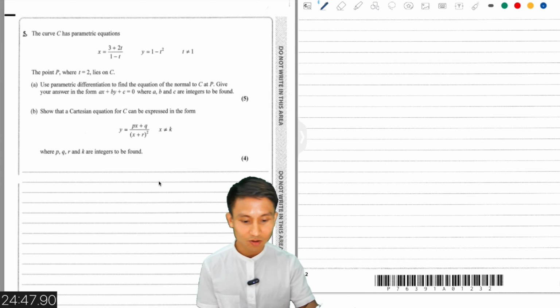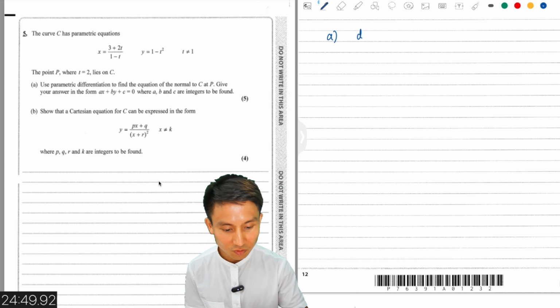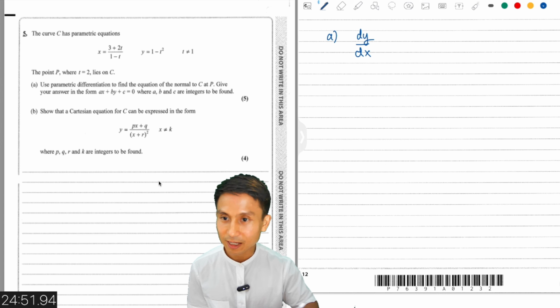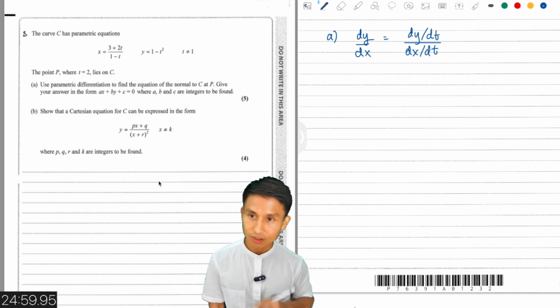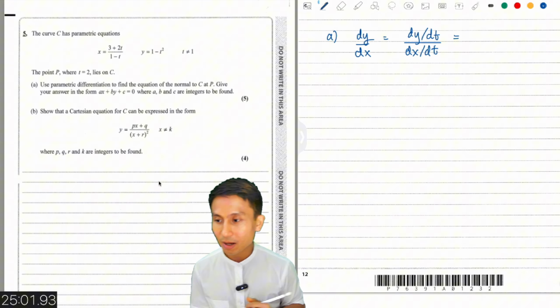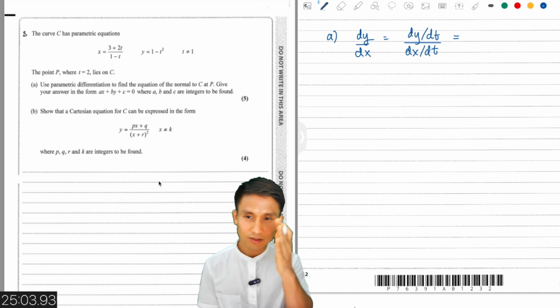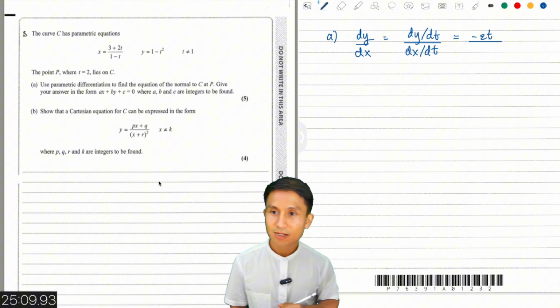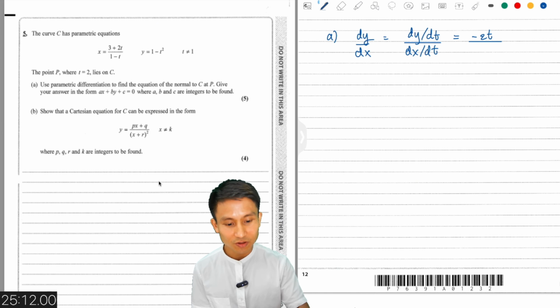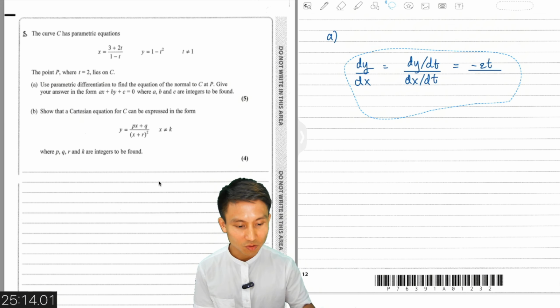Okay, so first step, we need to do dy by dx for part A here. So that is just parametric differentiation, okay? So dy by dt over dx by dt. Now dy by dt is just 0 minus 2t, so that's minus 2t, yeah? Don't forget the minus sign. Dx by dt seems like we need to use the quotient rule, right?